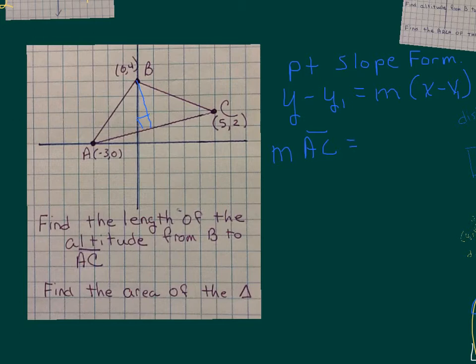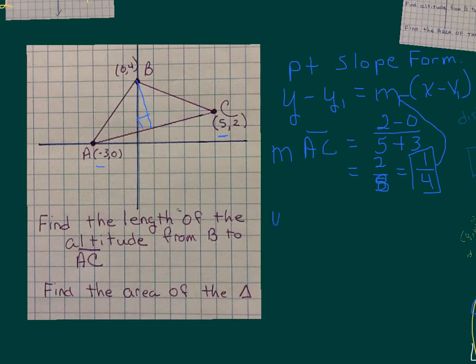So if I start with point C, I'm going to have change in y is 2 minus 0 over change in x is 5 minus negative 3, which gives me a slope of, I'm sorry, 2 over 8, which is 1/4. So this is my slope that I'm going to plug in to this formula.